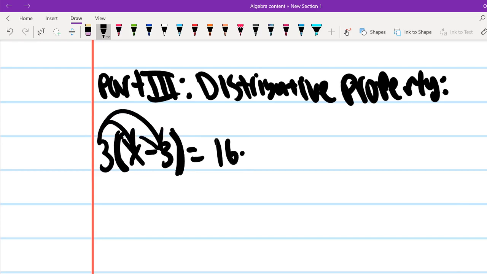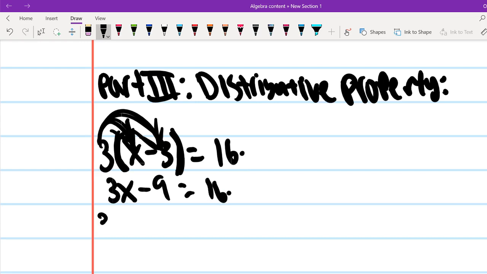Distributive property means that you distribute your 3 to each of these. So you have 3x minus 9 equals 16, because you would say 3 times x minus 3 times 3, which equals basically this.